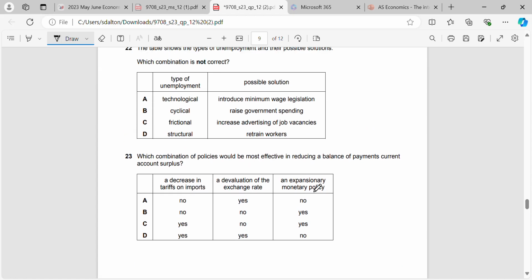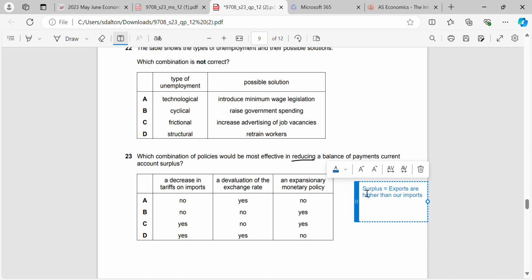23. Which combination of policies would be effective in reducing a balance of payments current account surplus? So, if we have a surplus in the current account balance of payments, we can assume that our exports are higher than our imports. Okay, there are other components to it as well, but we just simplify it by using it this way, especially when we see what they've given us here: tariffs, devaluation, and expansionary monetary policy.